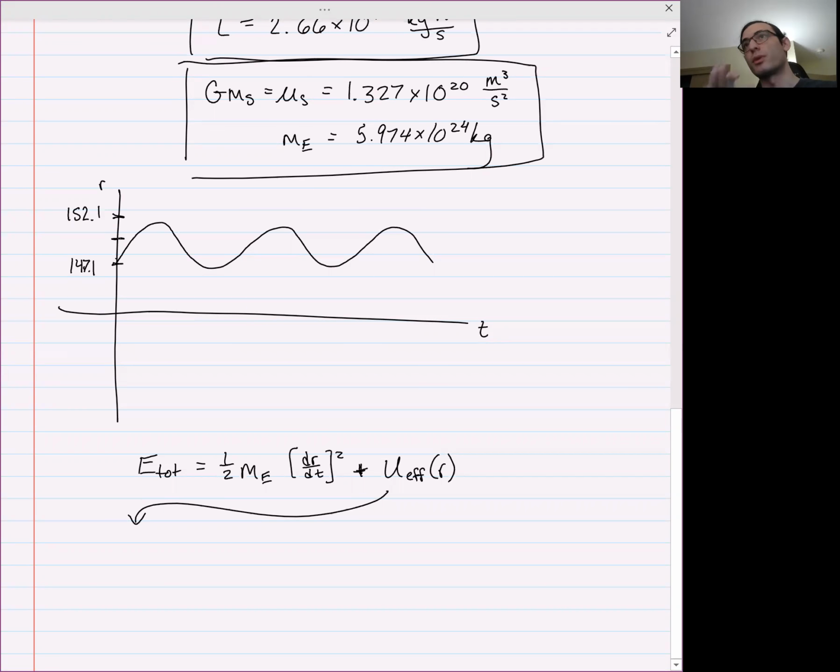Sorry, that wouldn't be the best place to approximate it. That would be a place to approximate it. But even better, we know for a simple harmonic oscillator, sorry, this graph is R with respect to time, not U effective. U effective is like this.